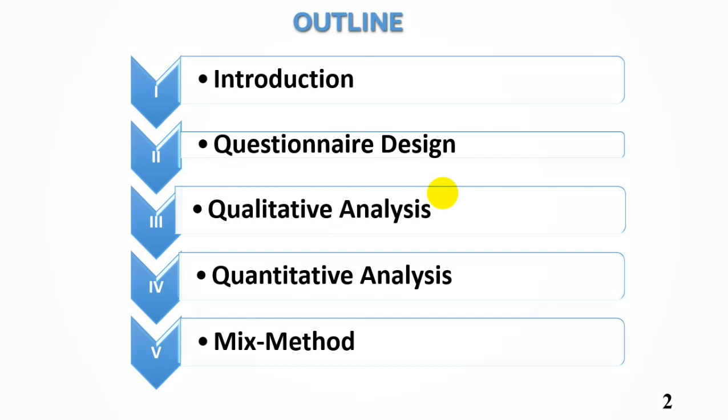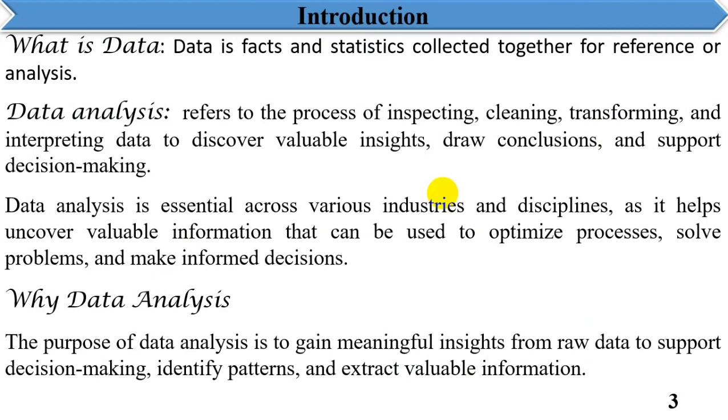Now, what is data? Data are facts or statistics collected together for references or analysis. All of this literature we are going to be looking at is on the internet, so you can get this information from the internet.